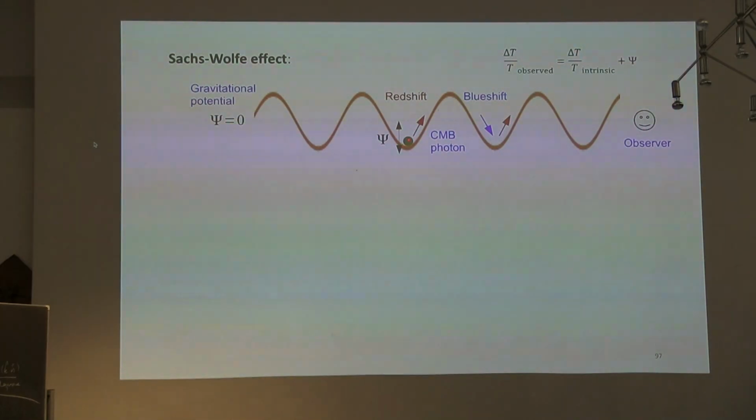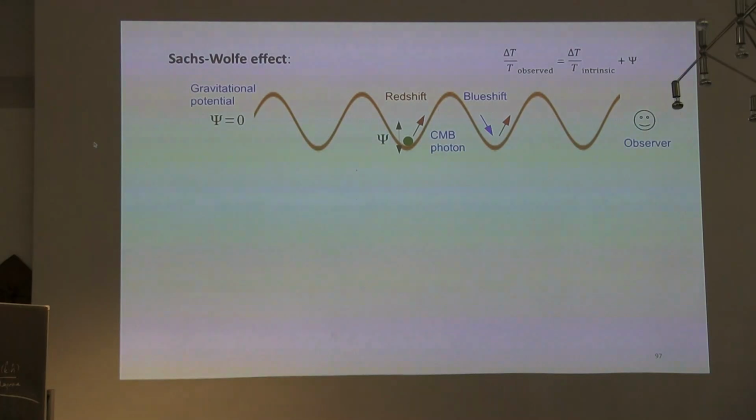Remember that if you have a photon that is coming to us and is initially in an overdense region, the first thing that needs to happen is that this photon has to climb out of the potential well, in which case it will suffer redshift. And by the time it gets to us, the temperature that we actually observe is the intrinsic temperature fluctuation plus a correction due to the gravitational redshift suffered by this photon. So that's Sachs-Wolfe.